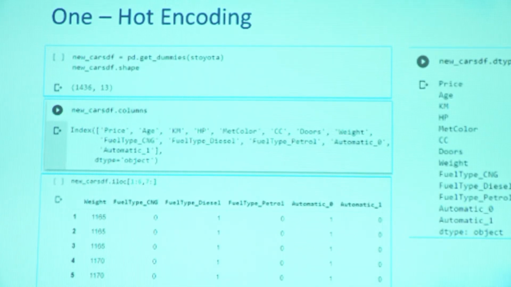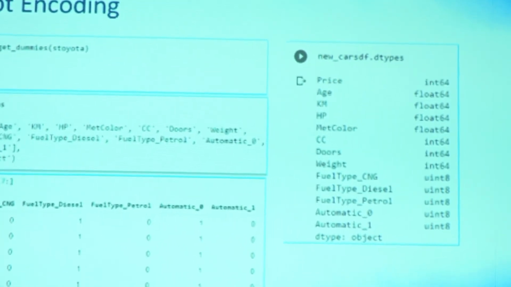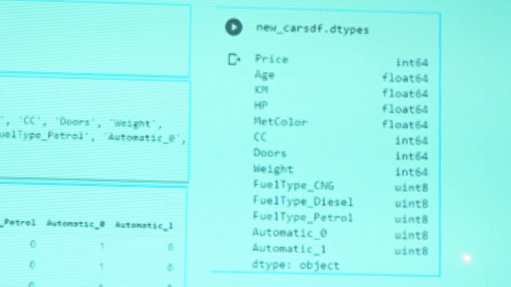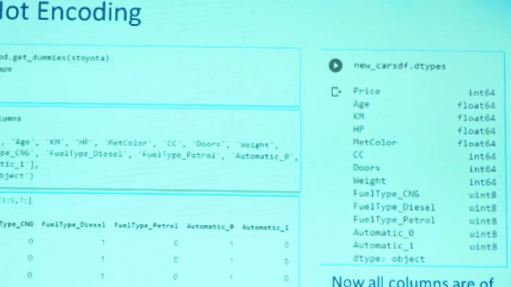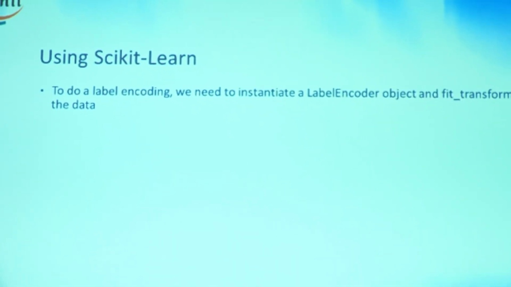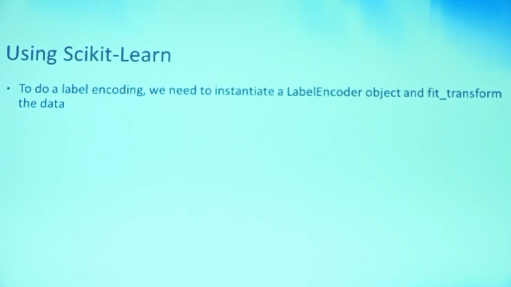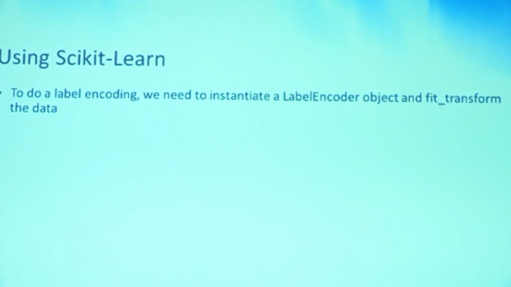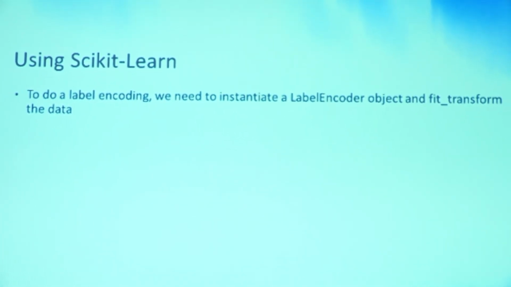Now see here. When you see the data types, what is happening to the column? It has become an unsigned integer, either 0 or 1. Now, there is another alternate approach, which many of you will be using practically when you go to your companies.